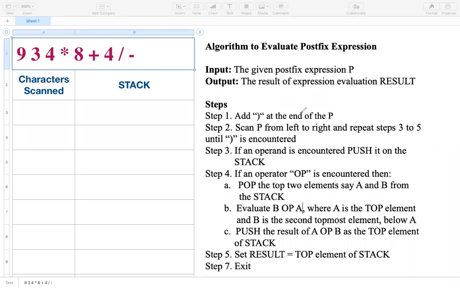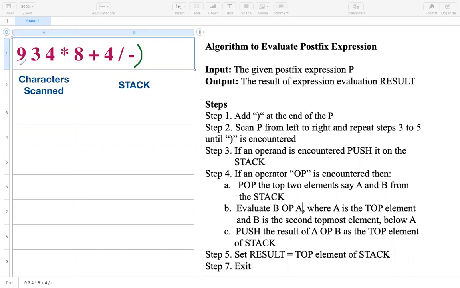Like in the case of the infix to postfix conversion, we have to mark where my scanning is over, and that I am doing with the help of the right parenthesis. So whenever in the expression scanning we encounter a right parenthesis, we know that is the end of my expression.